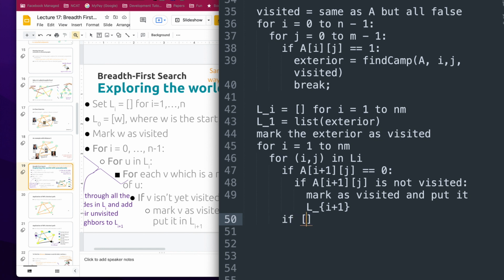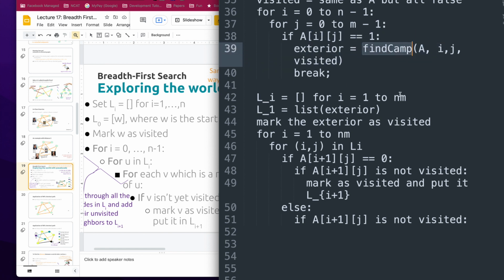If you look at all of your neighbors, and if they equal 1, so in the else statements of your if statements, else if they equal 1 and a[i+1][j] is not visited, then that means it is not one of the original ones that you started with, because we marked all those as visited when we did this first find camp call up here.